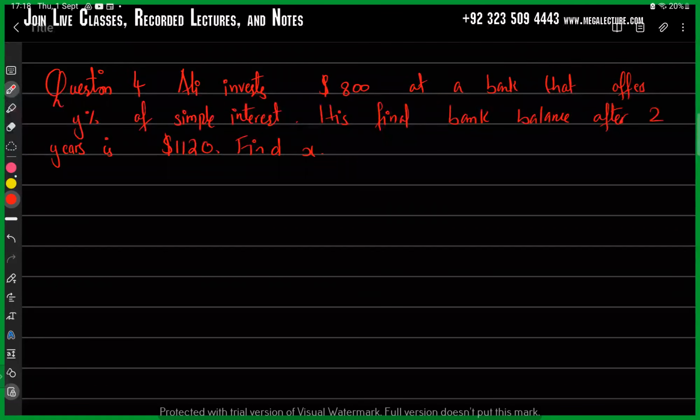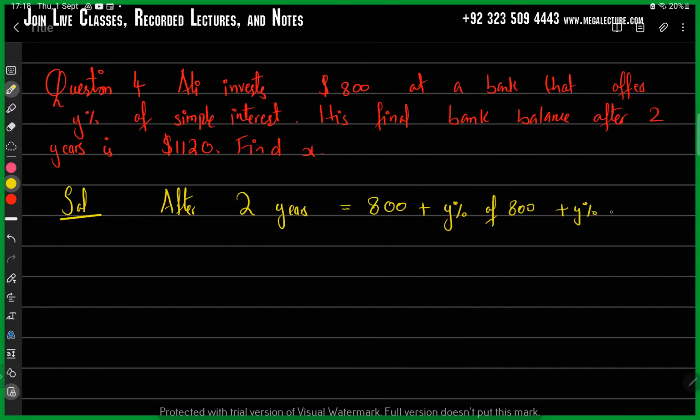Now, let's talk about the solution. So I know that after 2 years, Ali is going to have his initial amount plus Y% of this initial amount plus another Y% of this initial amount, right?